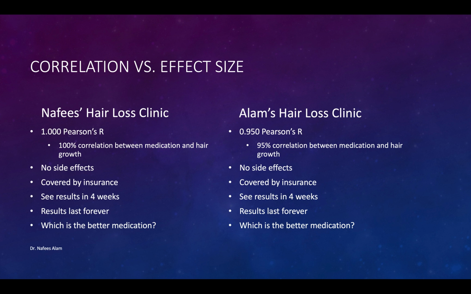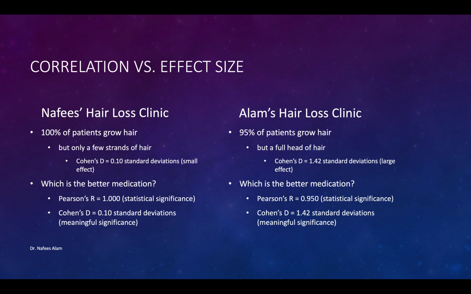But think about hair for a second and why it's much like anything else, it's a very nuanced concept. If we look at it in this kind of way, if we say that 100% of patients grow hair, but only a few strands of hair, versus Alam's hair loss clinic, where 95% of patients grow hair, but they grow a full head of hair, you see how that puts things into greater context.